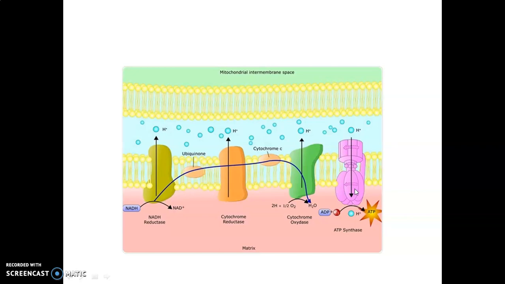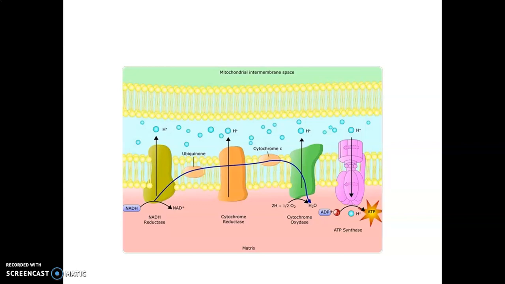Cytochrome c is a small protein attached to the outer surface of the inner membrane and acts as a mobile carrier for transport of electrons between complexes 3 and 4. Complex 4 refers to the cytochrome c oxidase complex containing cytochromes a and a3 and 2 copper centers.